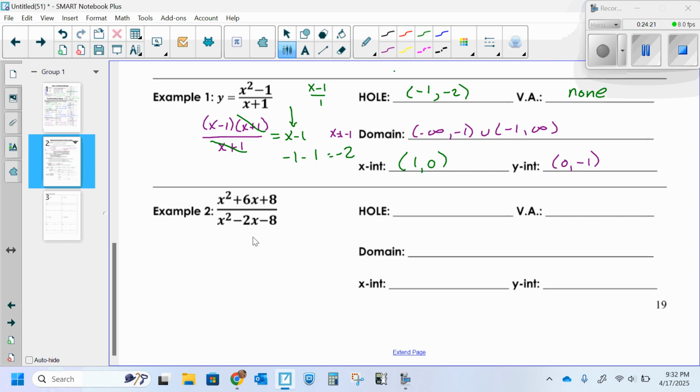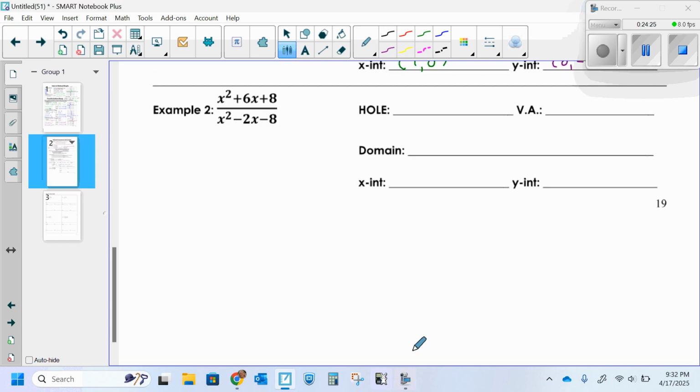All right, let's try another. All right, we're going to factor it. State your domain. X cannot be 4 or -2.